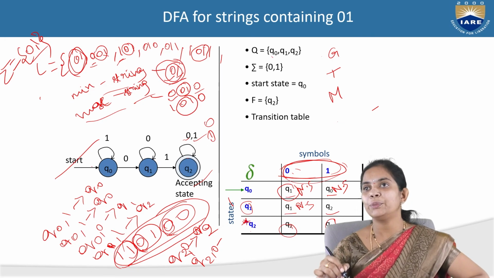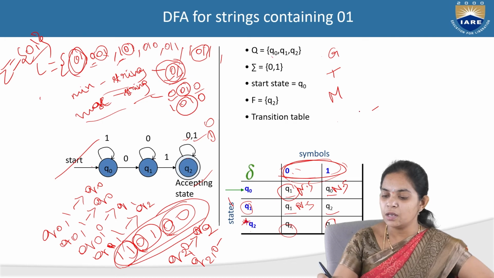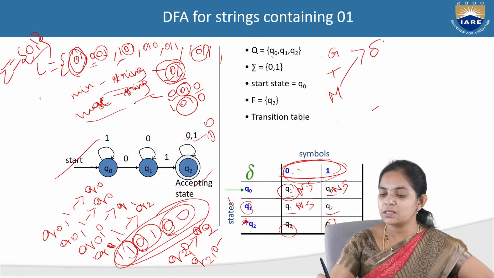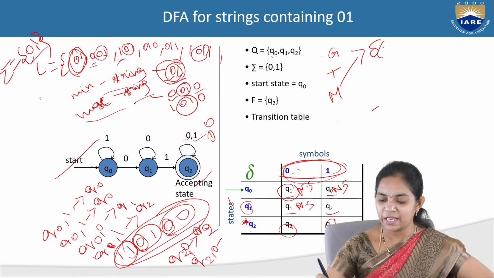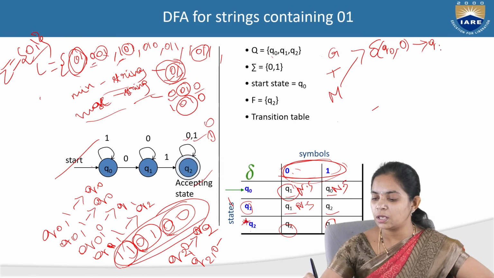We'll see the third one, the mathematical representation, for this given DFA. In the mathematical representation, we already discussed the transition of states. Here the current state is q naught, and if we take input symbol 0, the next state is q1.